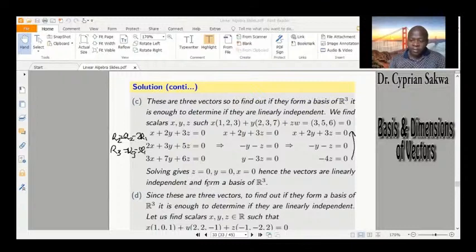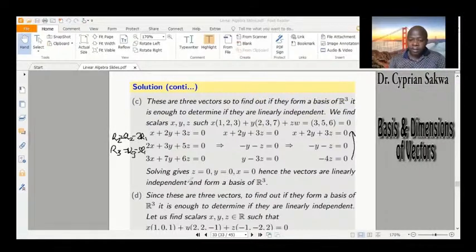Since they are linearly independent, it's automatic that they also span. Remember there are 3 vectors in R3. Since they are linearly independent and there are 3 vectors in R3, they will have to span R3.